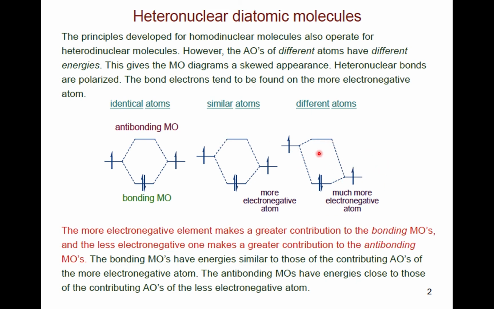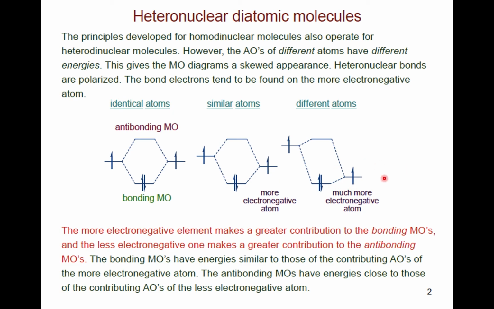And then if we get very different atoms, so maybe hydrogen and fluorine, where there's a huge electronegativity difference, this molecular orbital can basically be an atomic orbital still on the electronegative atom, and then this orbital is mostly an atomic orbital on the less electronegative atom.